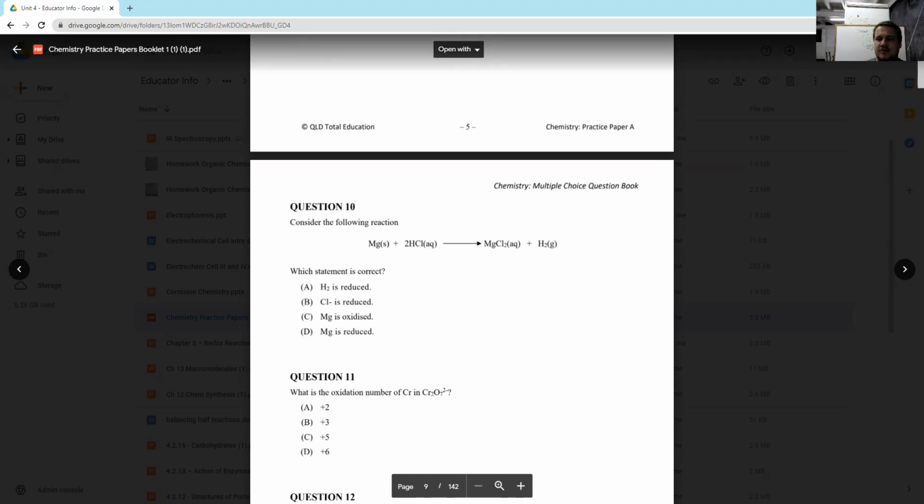Chromium, there's 2 of them. But we have to leave a 2 negative charge on the overall molecule. So if chromium had +6 in this compound, that would give us an overall charge on the molecule of -2.